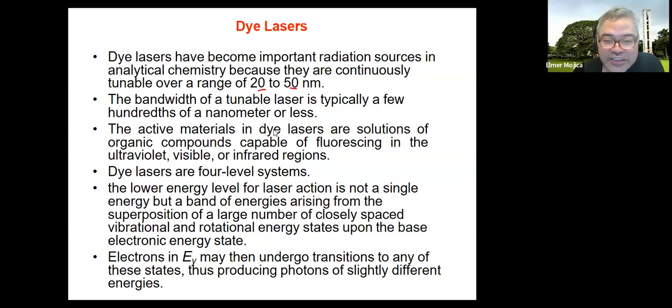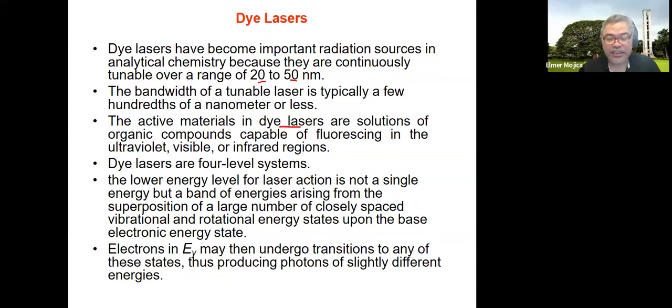Tunable lasers are usually easy to adjust, and if you can adjust the laser, that means you can use it over a certain range. Okay, so dye lasers have that. The bandwidth of a tunable laser is typically a few hundredths of a nanometer or less. And the active components here usually are dyes.